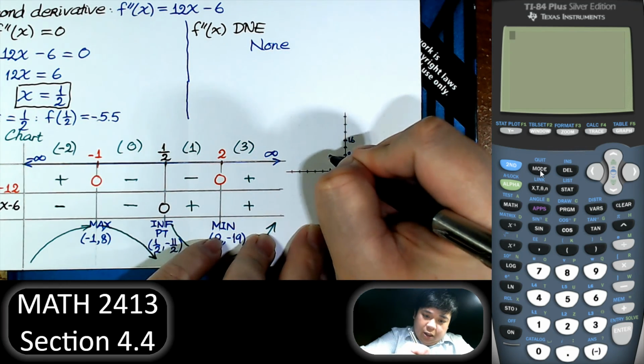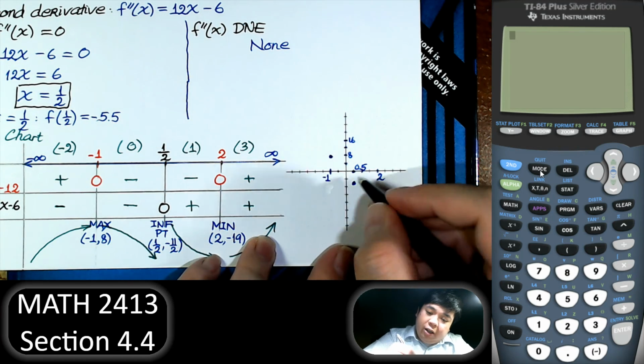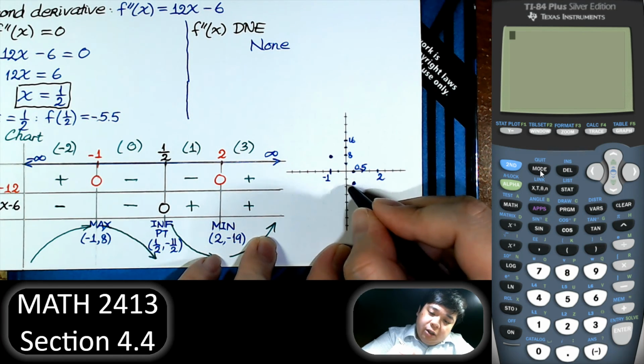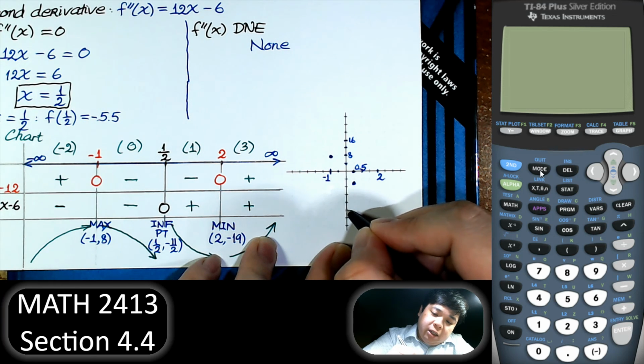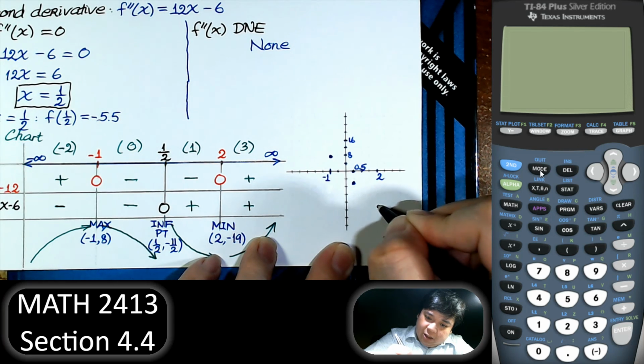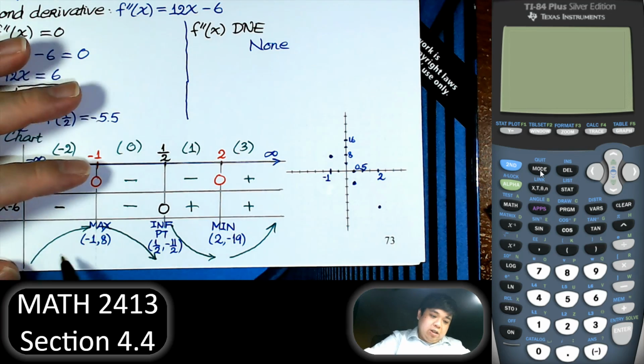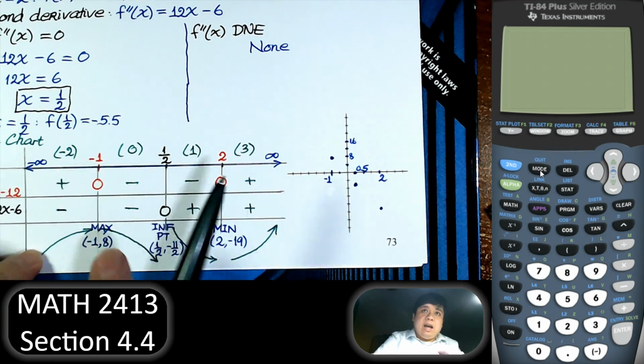So, negative 1 and 8, 1/2 and negative 5.5, and then 19, so 4, 8, 12, 16, 20, so it's about here. And then we just copy and paste first that portion.